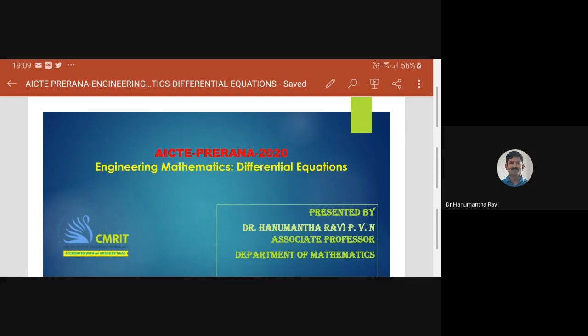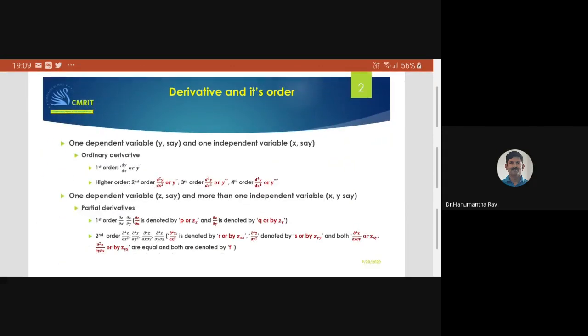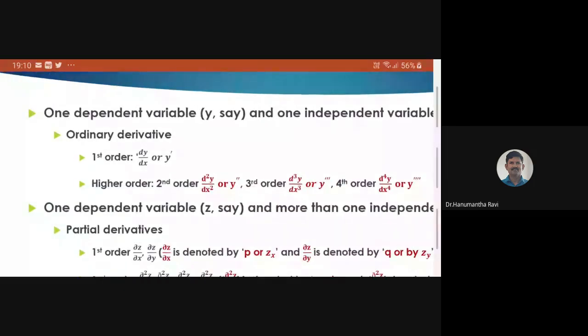So when it comes to differential equations, we have derivative and its order. When there is one dependent variable and one independent variable, then we can talk about ordinary derivative. So it is dy by dx, or we write it as y prime.